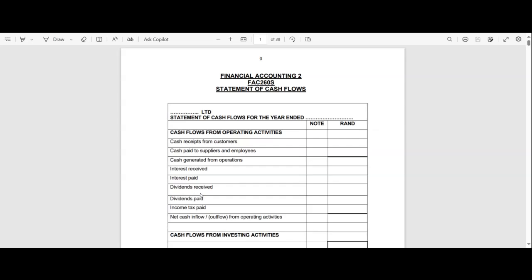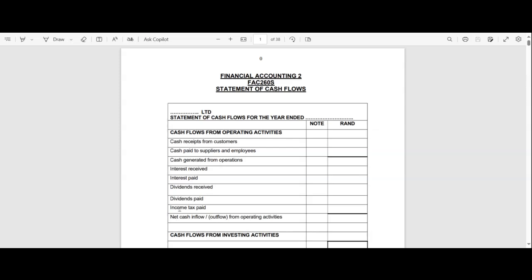In the case of dividends paid, not only what was declared in our statement of changes in equity, no, but what was physically paid out of our bank account with regards to dividends to our shareholders. And the same with income tax paid. I think this one you will know very well because we did income tax, current tax in the second term.